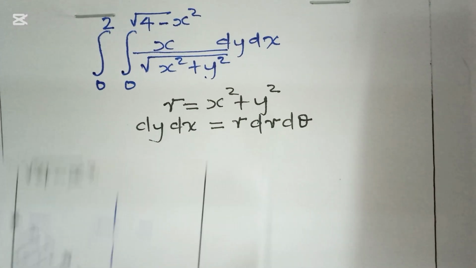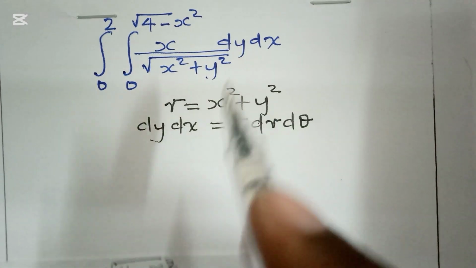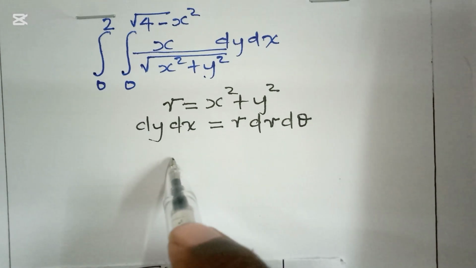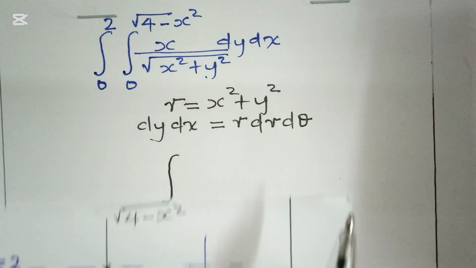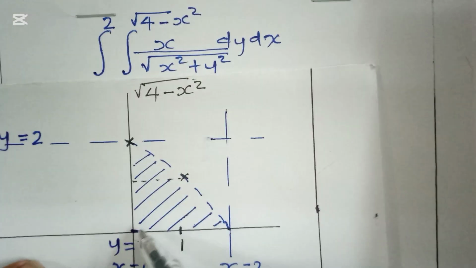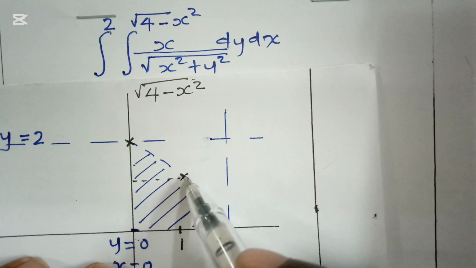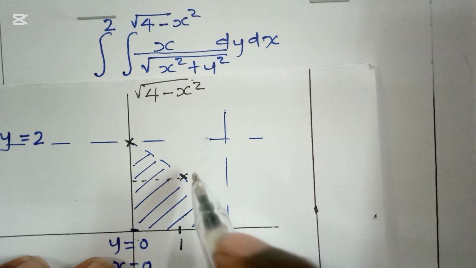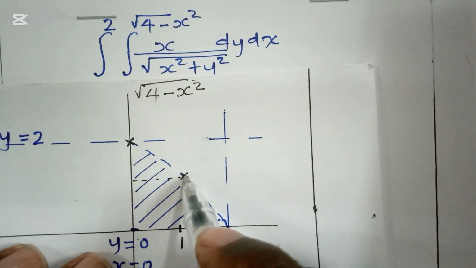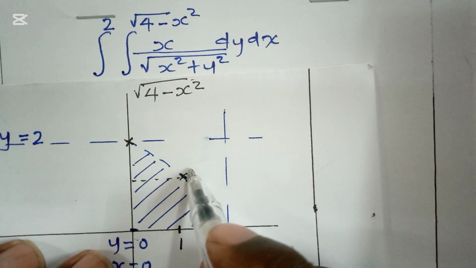So what we are going to do, we'll put this equation this way. We shall integrate first in radius, that is along the radius, and along the radius is from 0 up to where our radius is, and that is at point 2.